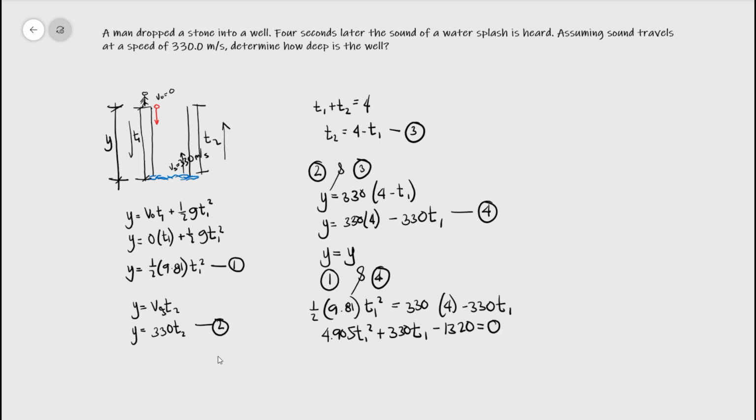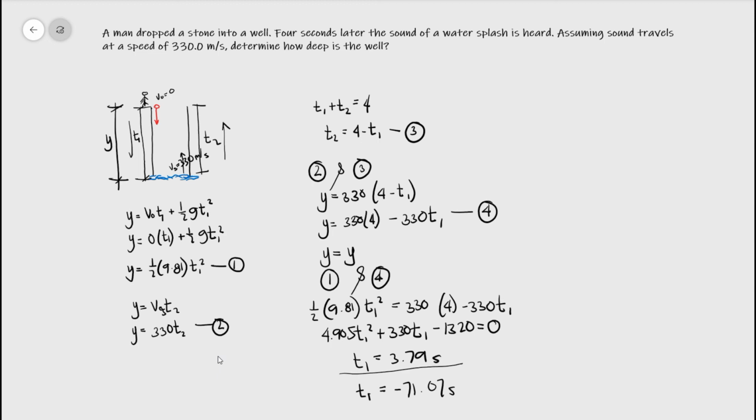Then by using our quadratic formula, we can get t sub 1 equal to 3.79 seconds, and another value of t sub 1 is equal to negative 71.04 seconds. Of course, we will be using the positive value of t because we don't have a negative value of time.